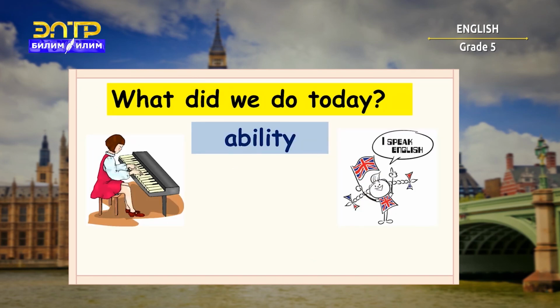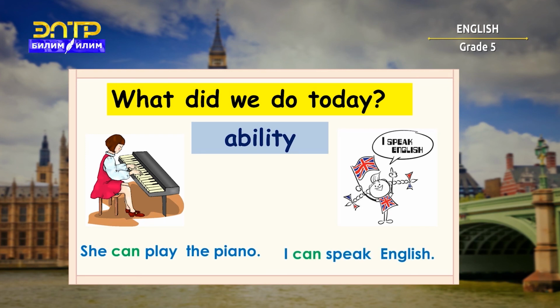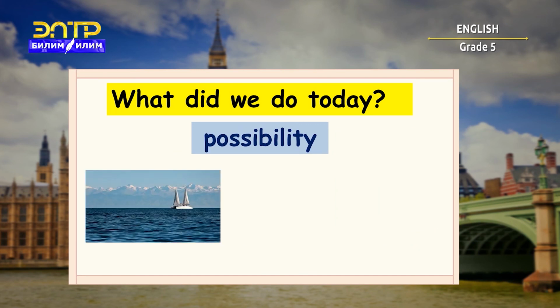So, children, our lesson is coming closer to the end. What did we do today? Today we have revised modal verb can for expressing ability, and we have learned that we also use can for possibility.